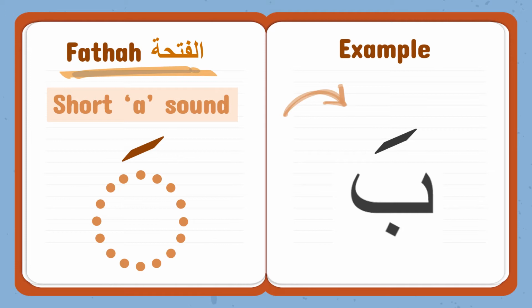The original sound of the letter ba is b, and with fatha, it will be read as b-a, ba. Let's take another example, the letter jim. The original sound of the letter jim is j, and with fatha, it will be read as j-a, ja.